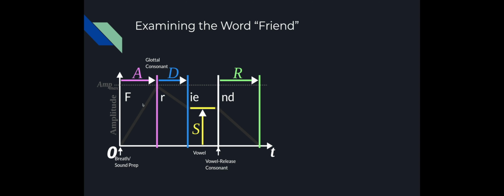Friend. So the ND begins our release after the sound right here. Friend. And you can say even the N can be part of the sustain, but usually at this point, the sound starts to taper off, the amplitude starts to taper off.